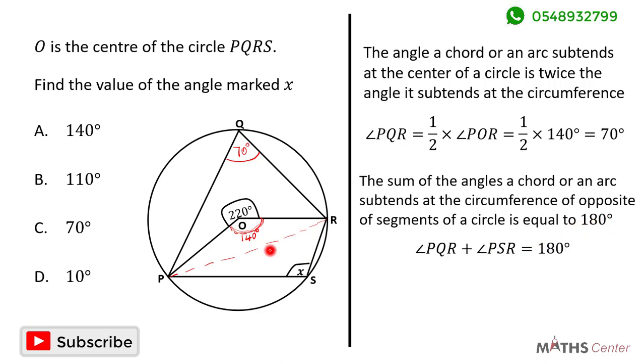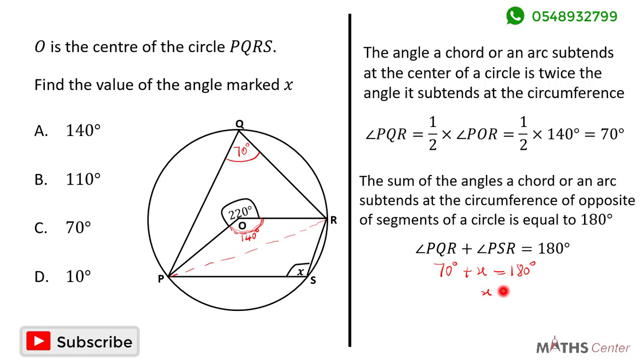So what this means is that angle PQR plus angle PSR should give us 180 degrees. Angle PQR is 70 degrees and angle PSR is X. So 70 degrees plus X should give us 180 degrees.